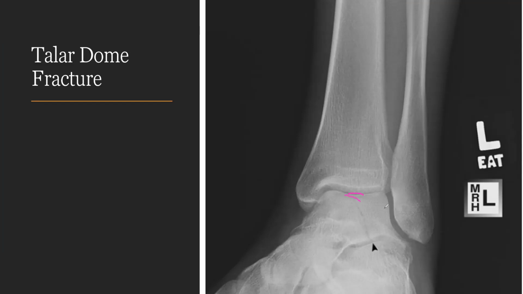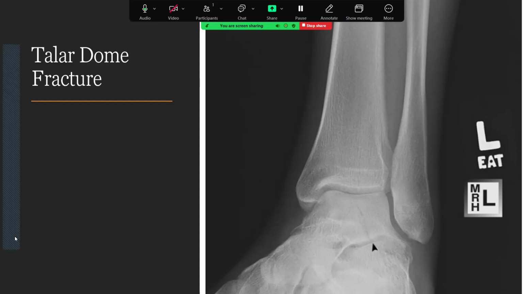But if you're not looking for it, it's quite easy to miss as well. And it's a case of, if you don't see other fractures, or, for instance, the tibia and the fibula are looking fine, have a look at the talus. There may be something going on over there. And you may often find that your patient does have a fracture in that case.